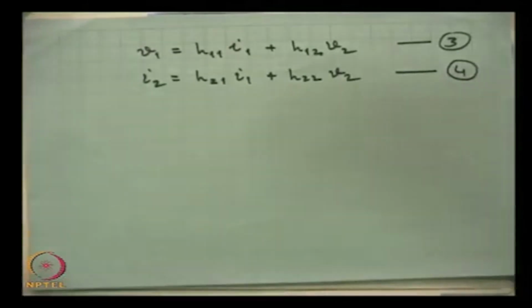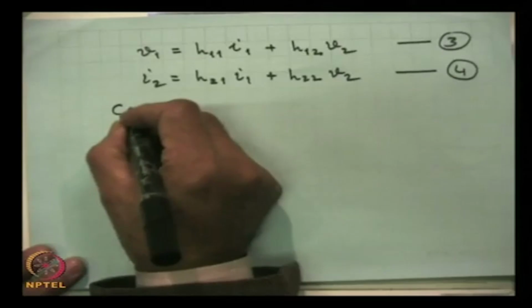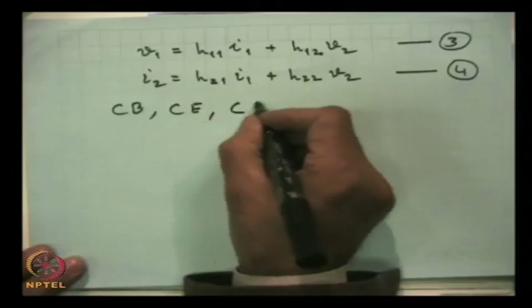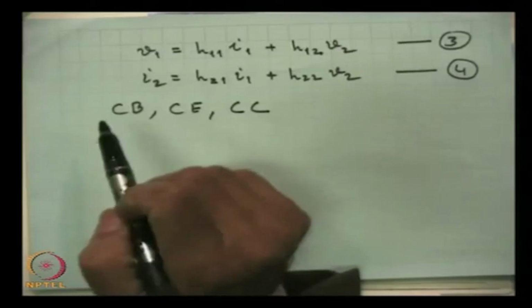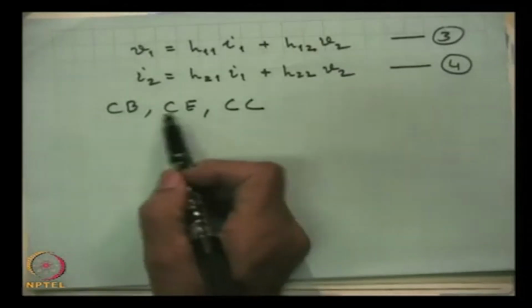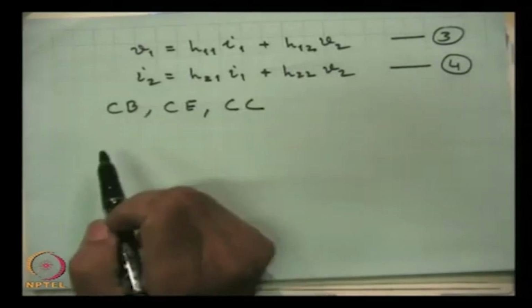Now, these equations are applicable to all the configurations of the amplifiers, whether it is common base, common emitter or common collector. These equations are valid, and in fact, the whole analysis which we are trying to study, they are applicable to all these circuits.